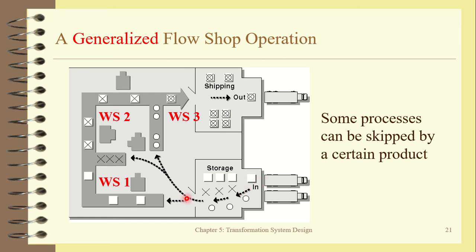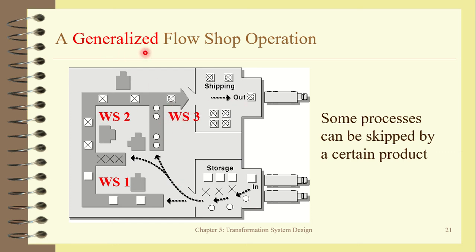the part needs to go through the whole process from workstation number 1, 2, 3 and then going out. But for the generalized one, some workstations could be skipped, like this part may require just workstation number 2 and 3 and go out, or this part could require just workstation number 3.